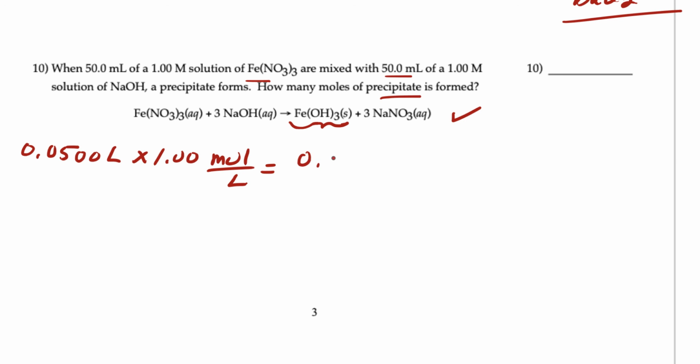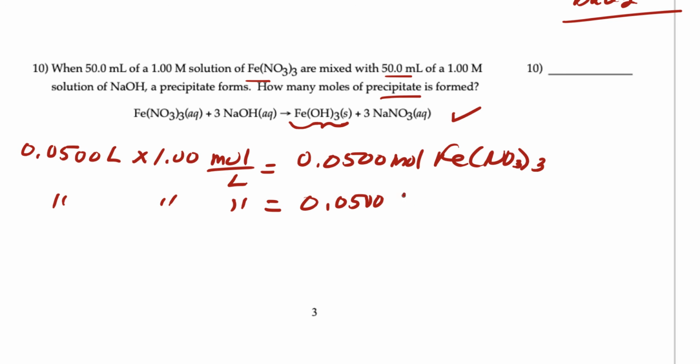And this is just 0.05 moles of the iron 3 nitrate, and we're also going to have 0.05 moles of the sodium hydroxide, right? Because we have 50 milliliters, which is 0.05 liters times the 1 mole. So what we need to do is find our limiting reactant here.